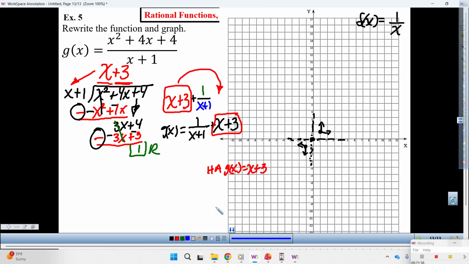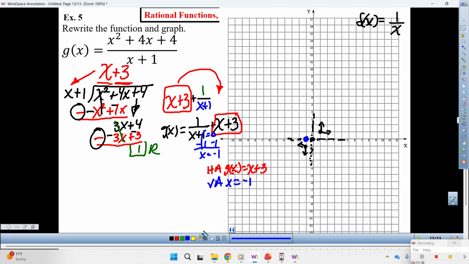Next, we need to find our new VA, x equals, and then I asked German, what do we do to find our VA? And he said, equal to 0? Yes, equal to 0. So x plus 1 equals 0, x equals negative 1. All right, so let's start with our VA. At negative 1 in blue, place it there.